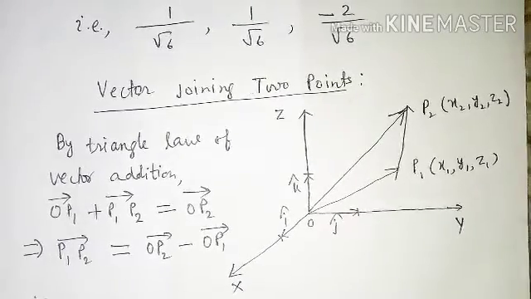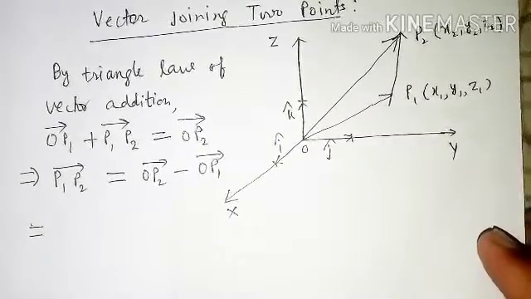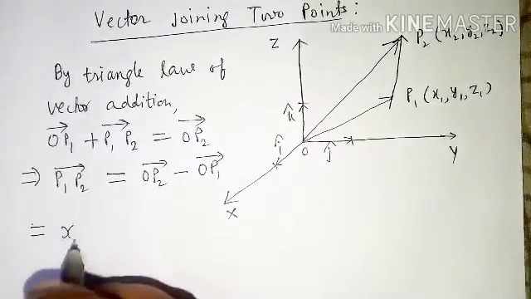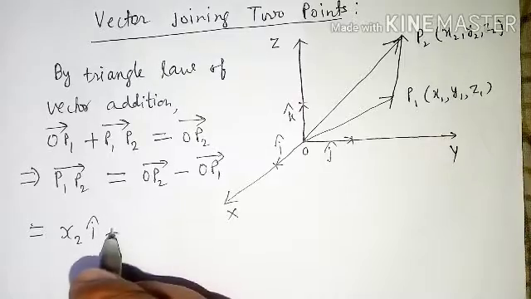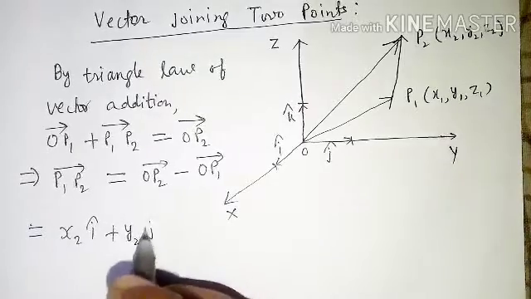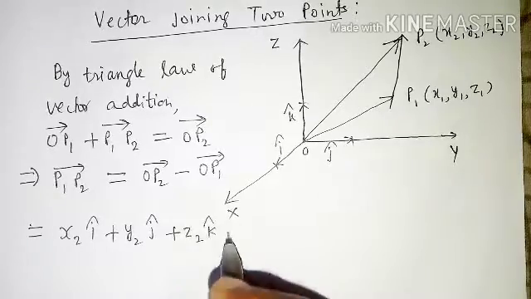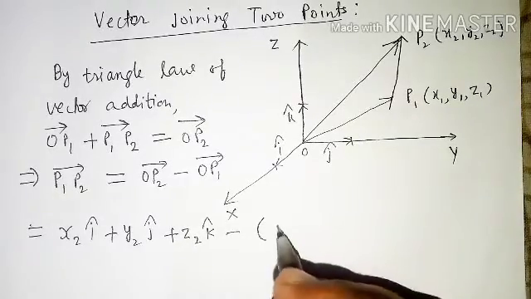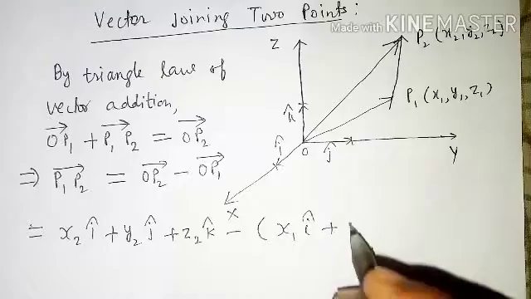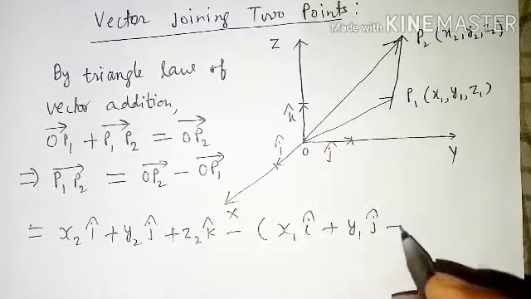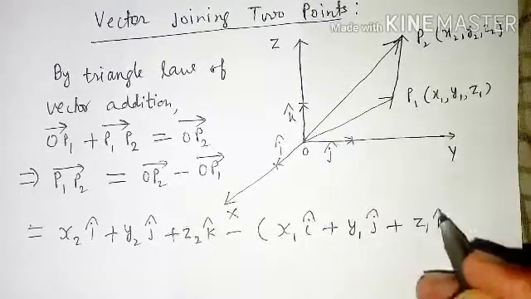Here vector OP2 is x2 i cap plus y2 j cap plus z2 k cap, and OP1 is x1 i cap plus y1 j cap plus z1 k cap.